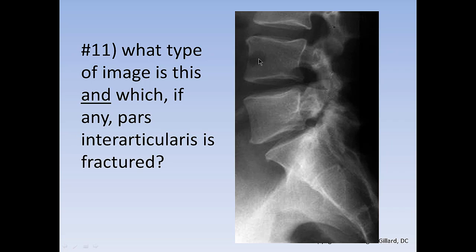If you were ever worried about that, you could confirm that by looking at, well, I guess, yeah, there would be an A to P. That's why we do take an A to P. You'll see that's gas. So the $64,000 question is, which pars interarticularis is this? Is it the left? Is it the right? Is it both? Or can't you really tell?